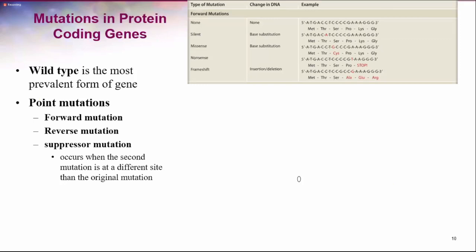Now, what happens when mutations occur? As I mentioned earlier, if they happen within the coding region of a gene, they're going to result in a change of the codon. And depending upon the change to the codon, you can have different results. If we look at the original sequence here, it codes for six amino acids.